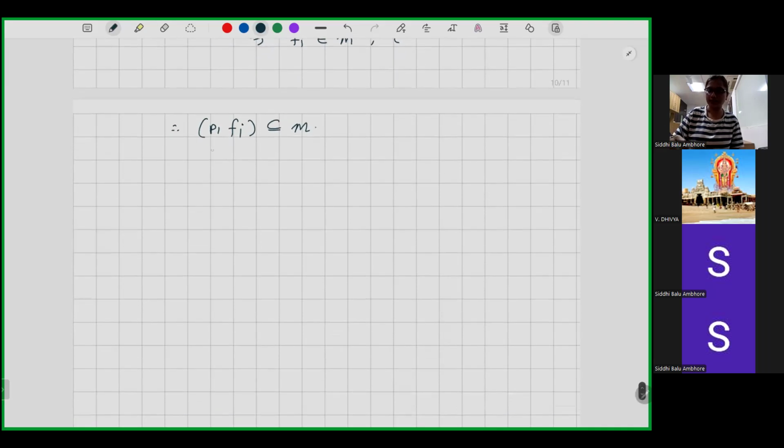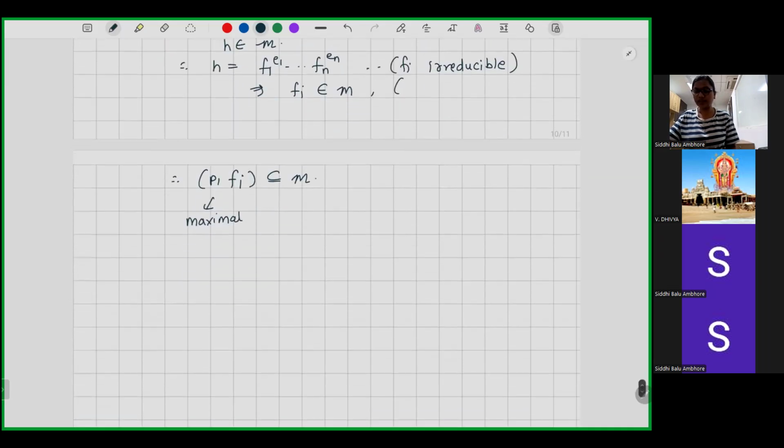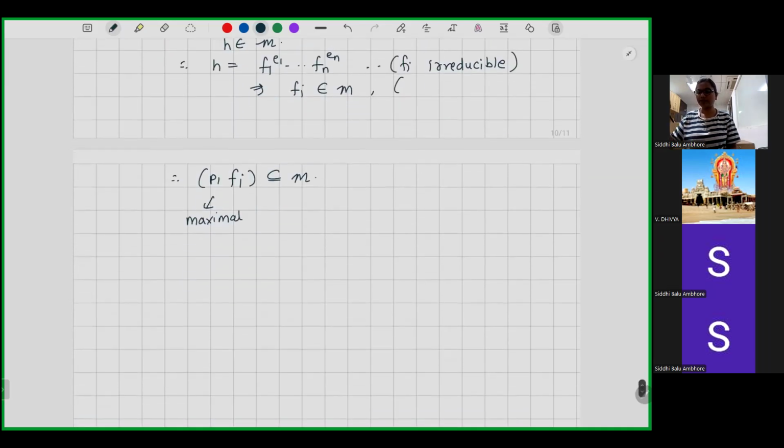Therefore (P, Fi) is contained in this M. But this is maximal, because now this Z_p[x] is a PID, and in that case the image of Fi is generated by this single element and so on.